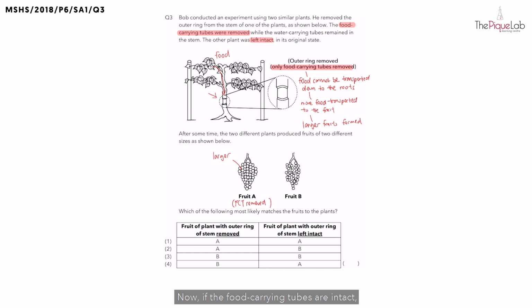Now, if the food-carrying tubes are intact, can the food be transported down to the roots? Yes, right? Which means the food that was transported to the roots will not be transported to the fruits instead. And as a result, would there be more food or less food transported to the fruits?